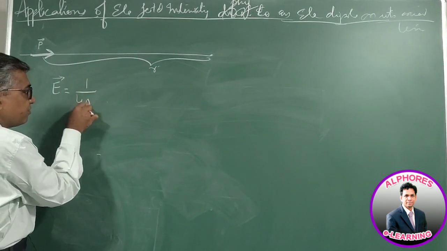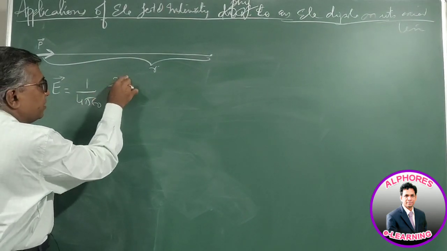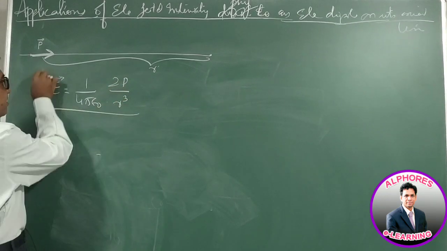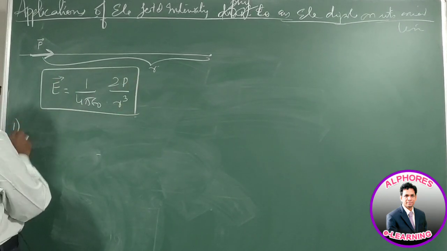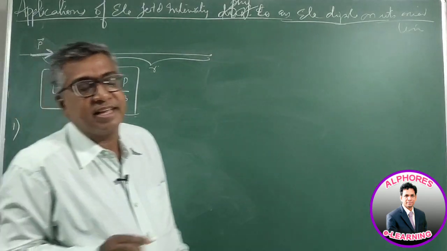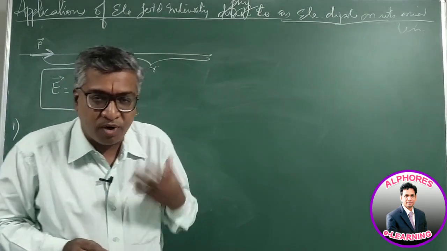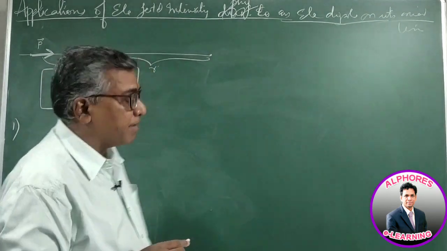It's 1 by 4 pi epsilon naught, 2p by r cube. This is the formula. Now, on what factors does this electric field intensity depend? On what factors? Mathematically, if I compare.